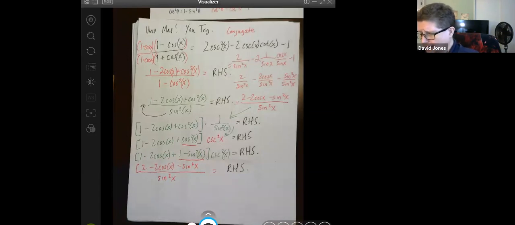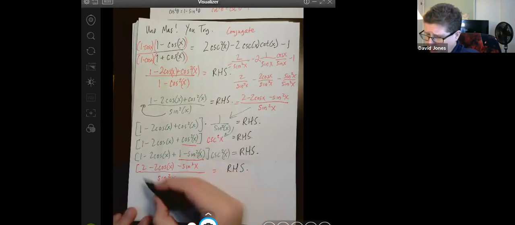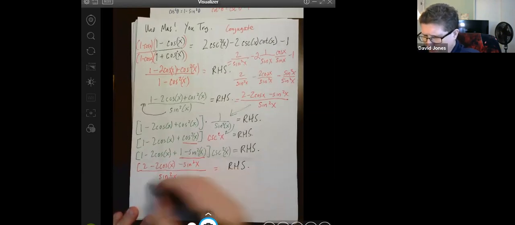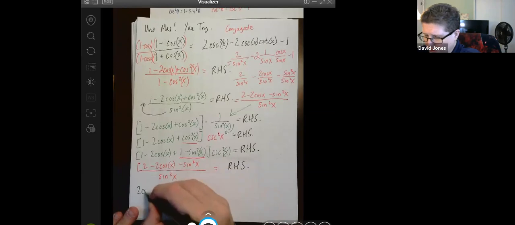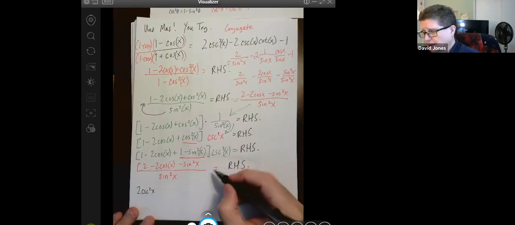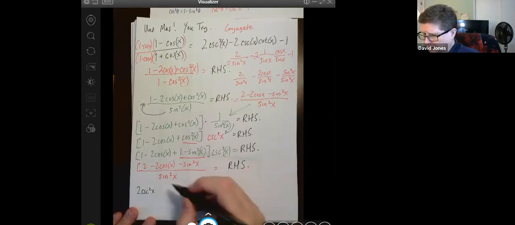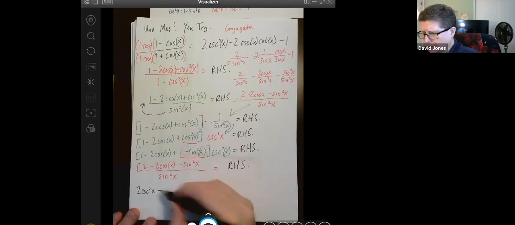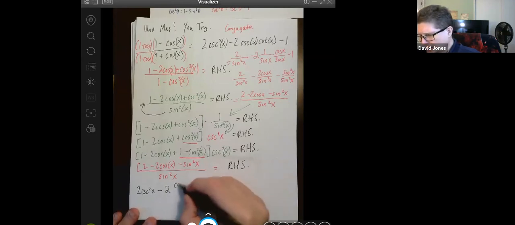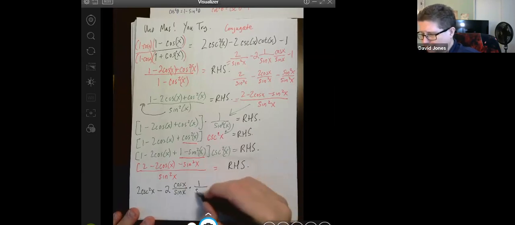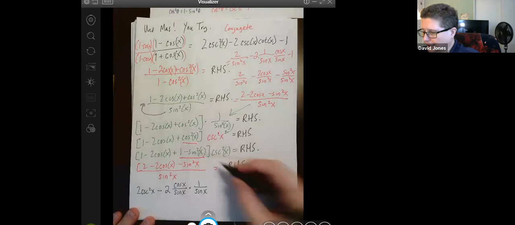And we break this up. Break up the fraction. This is 2 over sine squared x, which is 2 cosecant squared x. This is minus 2 cosine x over sine x times 1 over sine x. I'm splitting up this one a little bit.